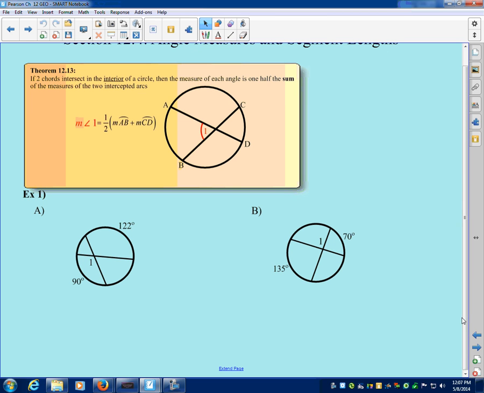So if I want to find the measure of angle 1 in example 1a, it's going to be equal to 1/2 the sum of the two arcs it intercepts, so 90 plus 122. So you're going to add those two together and then divide by 2.